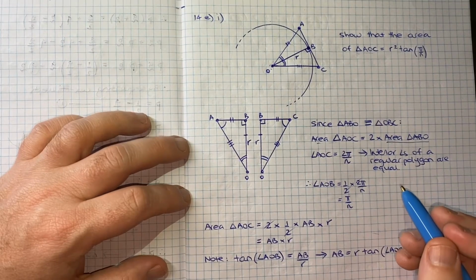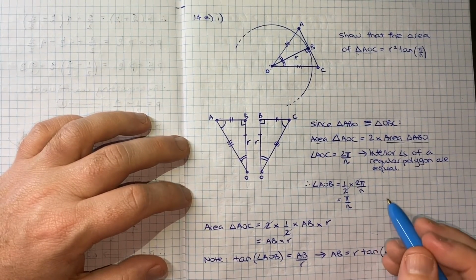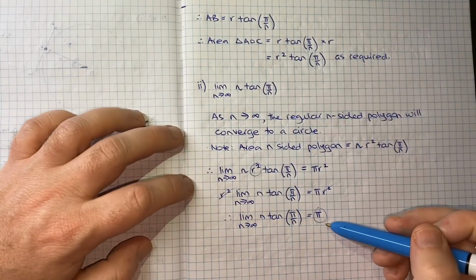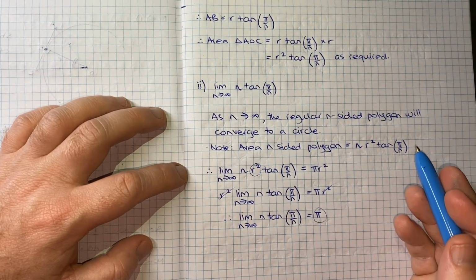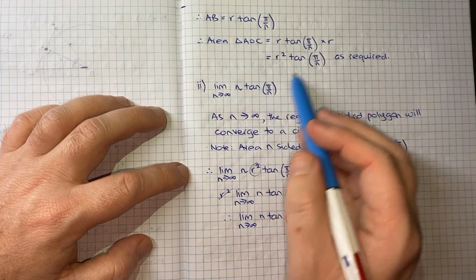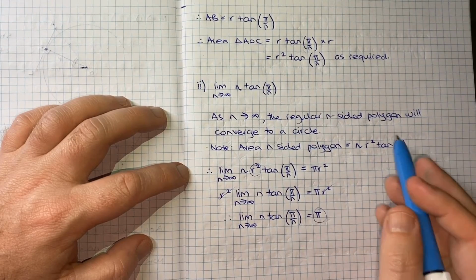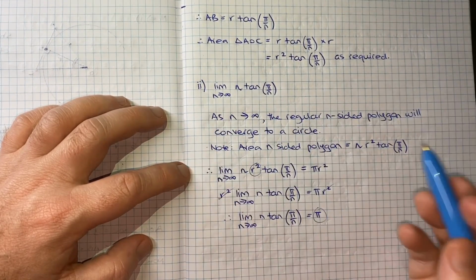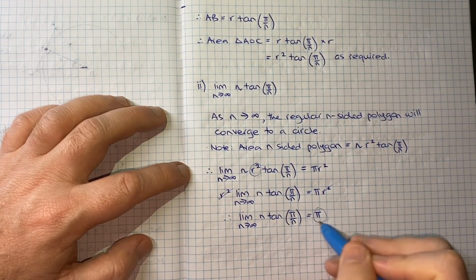And actually, I've had a student quite a while ago now send through a question that essentially asked us to prove this exact same result, albeit it was slightly different. It was in the context of complex numbers and a slightly different format of the area, because we ended up with sine and cos instead of just tan, but it's ultimately the same result, and we wanted to show this exact same limit.